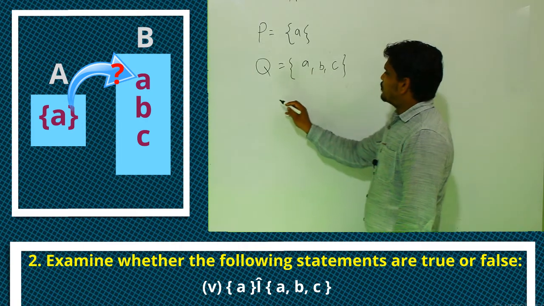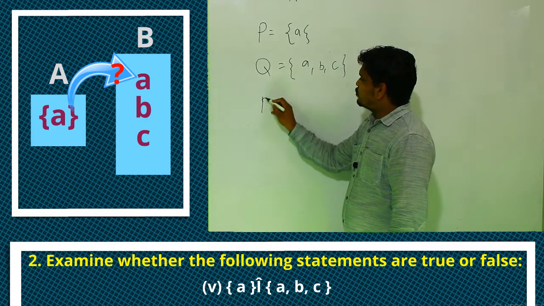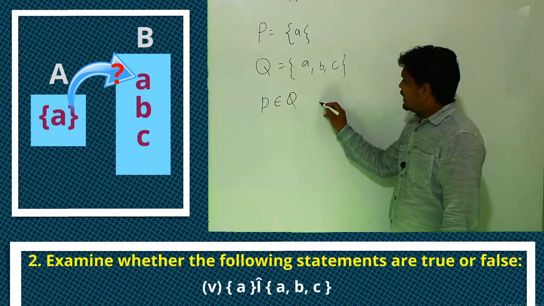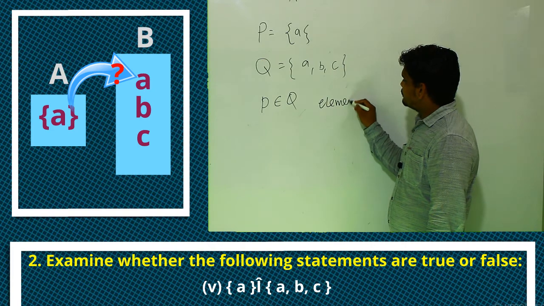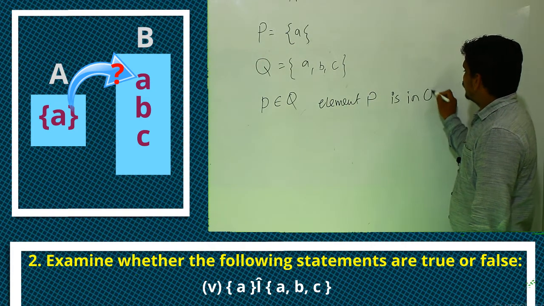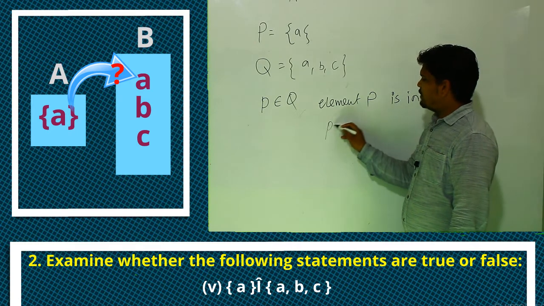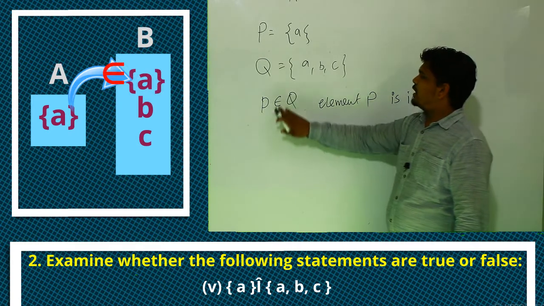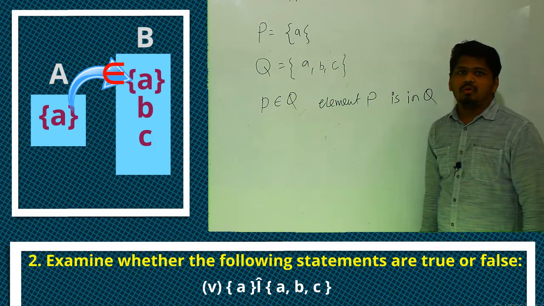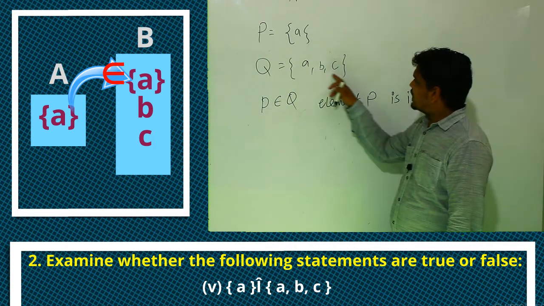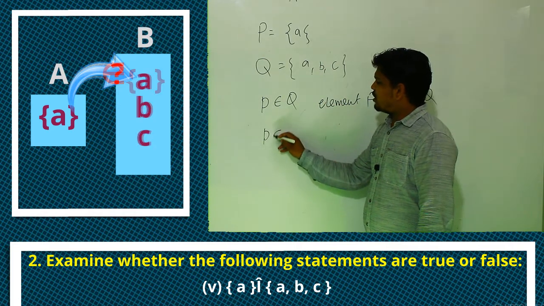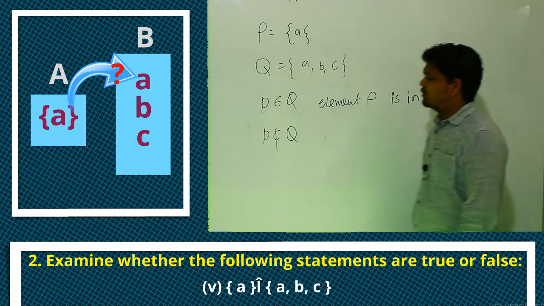When you say P belongs to Q, it is if and only if the element P is in Q, then only you can say P belongs to Q. But here, is your singleton A in Q or not? I cannot see any singleton A here. Therefore, I will say P does not belong to Q.